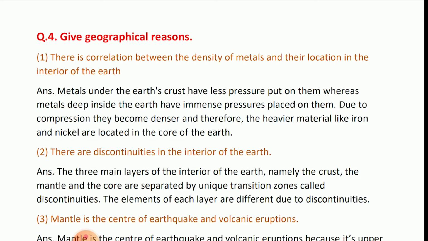Discontinuities in the interior of the earth: the main layers of the interior of the earth, namely the crust, the mantle, and the core, are separated by unique transition zones called discontinuities. The elements of each layer are different due to the discontinuities.